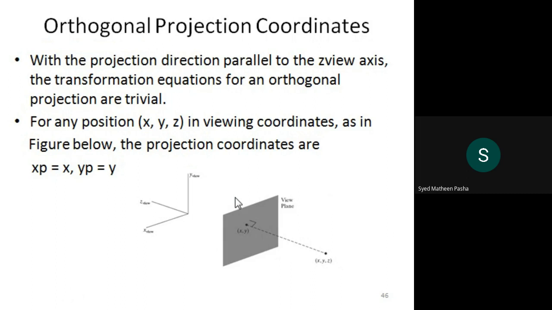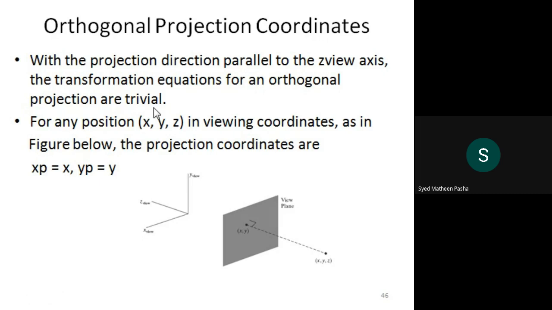Then, similar to 3D viewing coordinates, we have some coordinates with respect to orthogonal projection as well. So what are these coordinates? We'll check out one by one. With the projection direction parallel to the Z view axis, the transformation equations for an orthogonal projection are trivial. What are the trivial cases we have seen in the previous module?